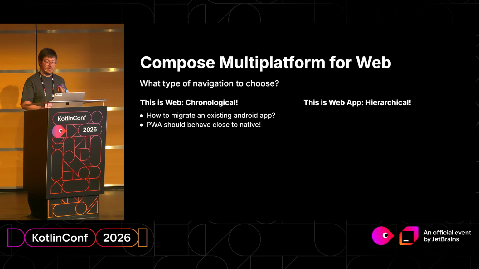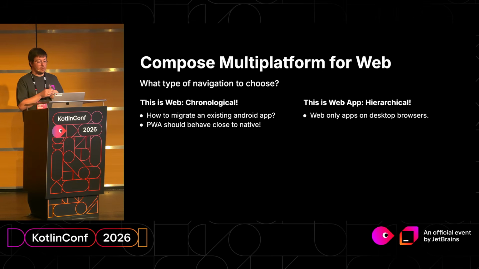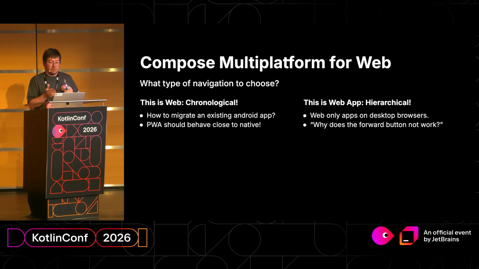But there are some problems as well. What do we have to do with web-only applications in desktop browsers? I think no one expects that when you click on the back button in a browser, you will go somewhere but not to the previously visited page. Or why does the forward button not work? Right? In mobile phones, we don't have a forward button, but the browser has.